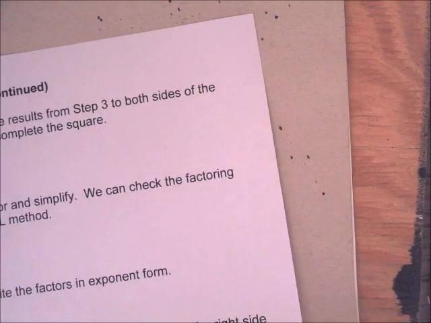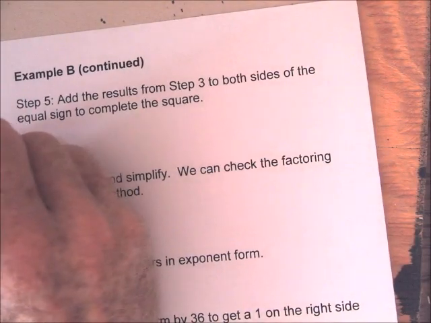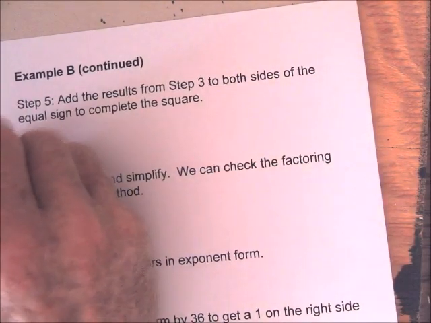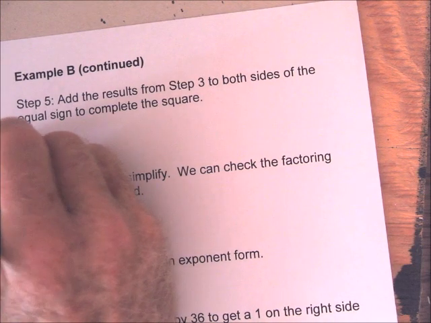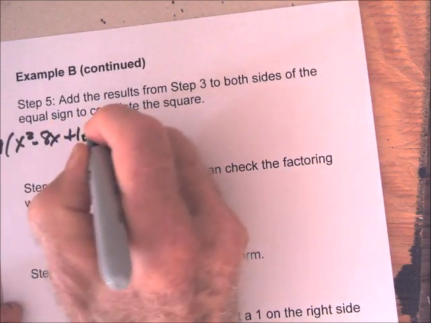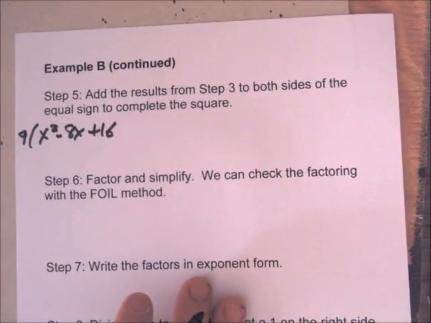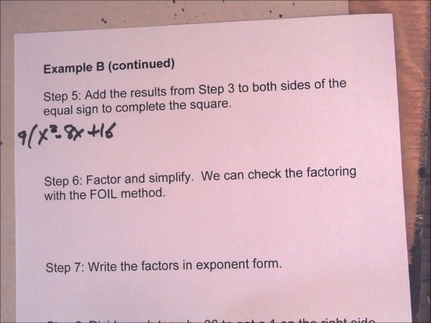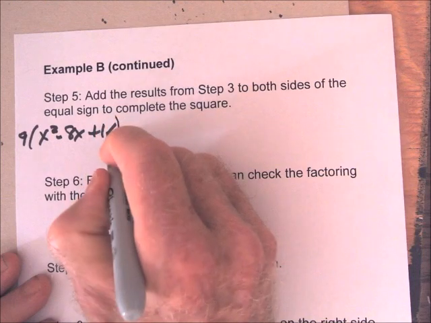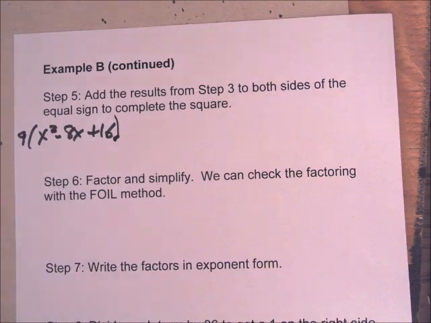So this will give us 9 parentheses x squared minus 8x plus 16. I froze there.